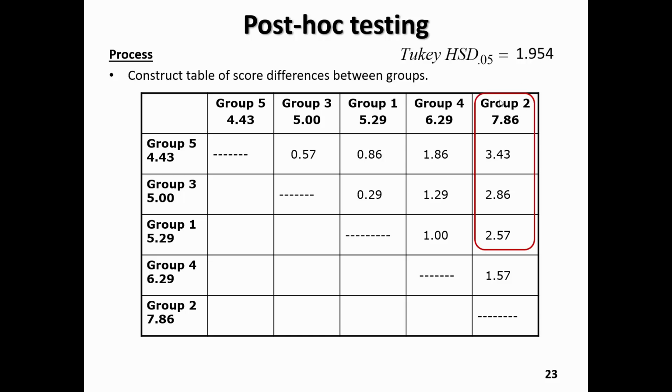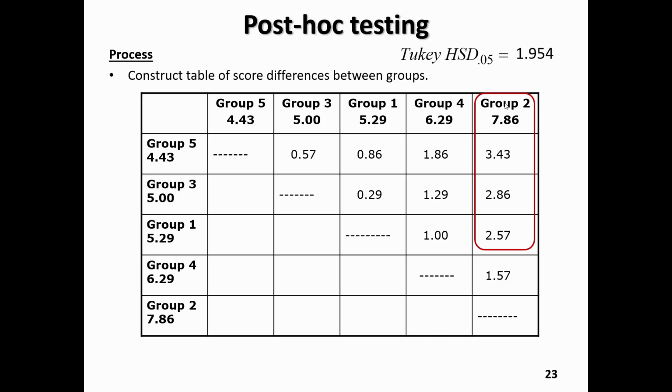And what we find is that we zero in on these three cells right here. You'll notice 1.86 gets pretty close to 1.954, but it's still not at least as large as 1.954, so we would not flag this one right here. But we see that the comparison between group 2 and group 5, group 2 and group 3, group 2 and group 1, the differences exceed the 1.954.